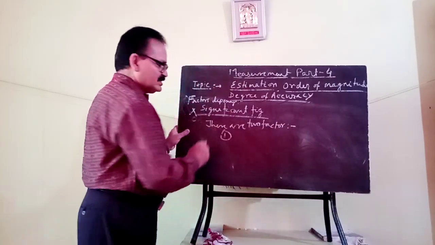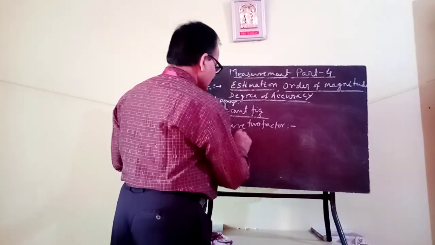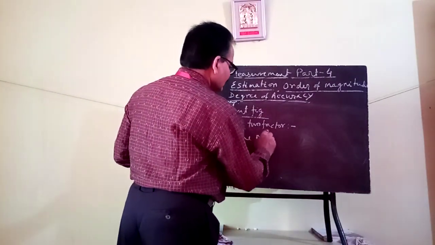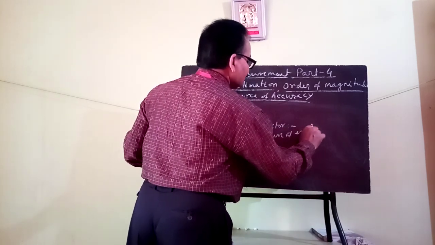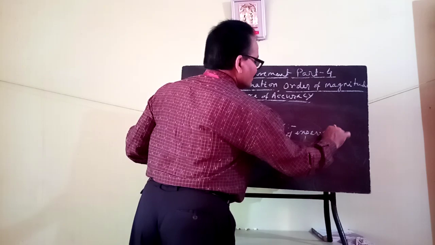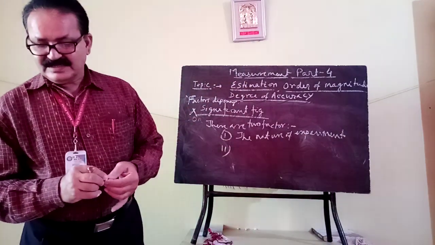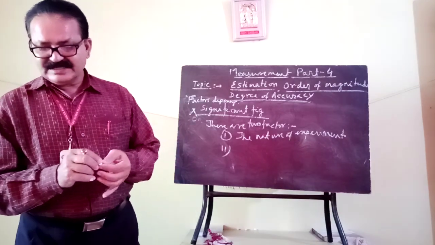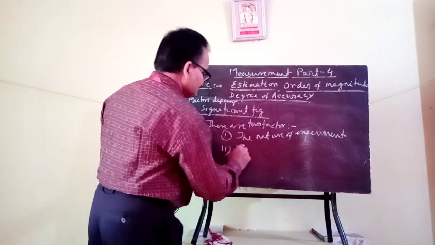Number one is the nature of experiment, and number two is the accuracy up to which the various measurements are made.